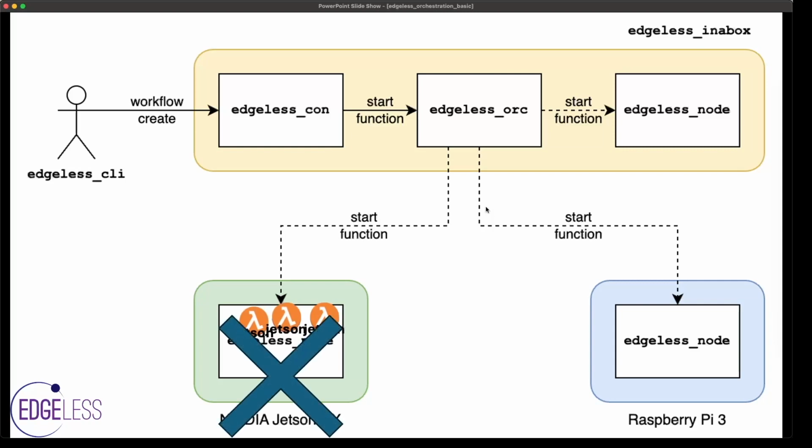Now, what happens if this node fails? If that happens, then we are unlucky, because it is not possible to use any other nodes, but the controller and the orchestrator, since they promised the client that those functions will remain in execution, will keep them alive in the soft state of the orchestrator without running on any instance, waiting for a node with matching capabilities to come up again.